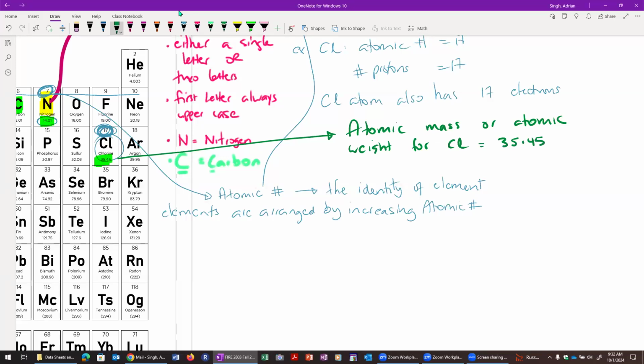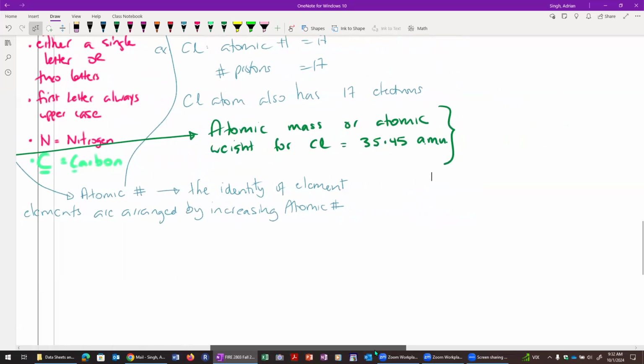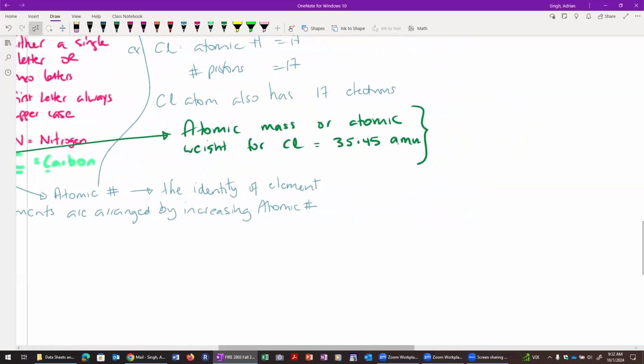attach a unit to it. And when we talk about atomic masses or atomic weights, now remember, now we're thinking about really, really tiny things, right? Atoms. The unit that we use for atomic masses and atomic weights is the atomic mass unit, or AMU. So what this means is that if I were to look at chlorine, on average, a chlorine atom would have a mass of 35.45 AMU.